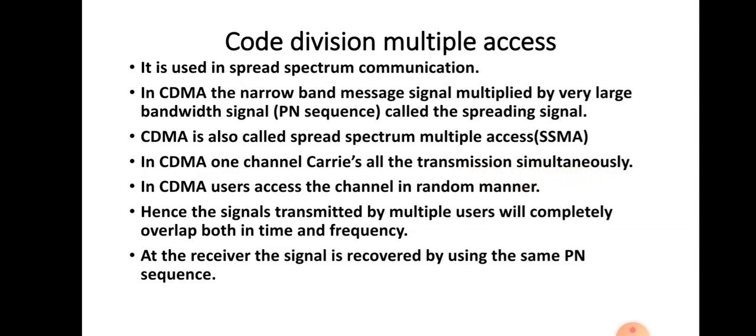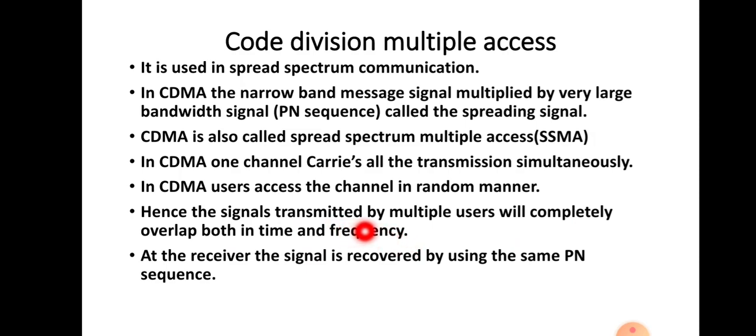If different users transmit at the same time, they can utilize the same channel and the complete bandwidth. And we can differentiate the reception by using the code word. In CDMA users access the channel in a random manner, and hence the signals transmitted by the multiple users will completely overlap both in time and frequency.